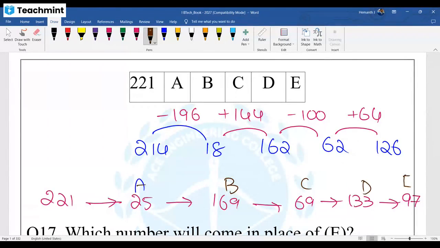First 196 subtracted, then 144 added, then 100, then 64, then minus 36. We'll give 97 as the answer.